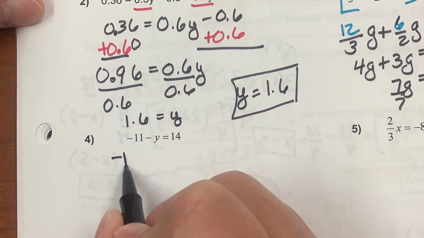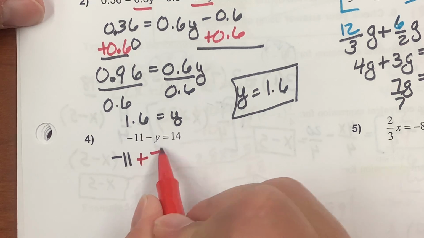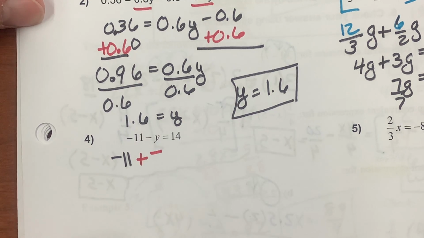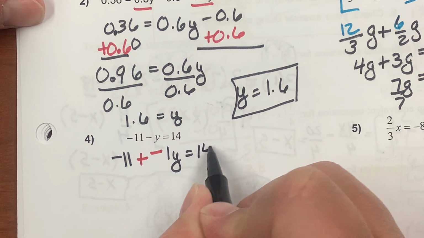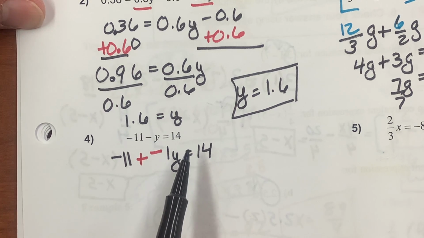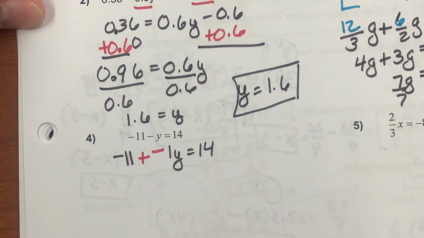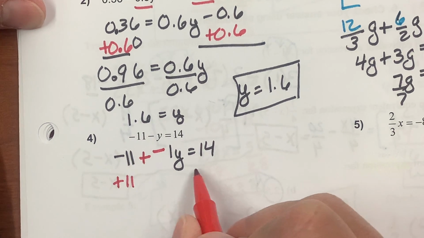So negative 11 plus negative 1y equals 14. So all I did was change my subtraction to plus a negative and put the 1 in to make it easier. Just when the variable is after a negative sign, this is the smartest thing you can do. All right. The inverse of subtract 11 is to add 11 to both sides.